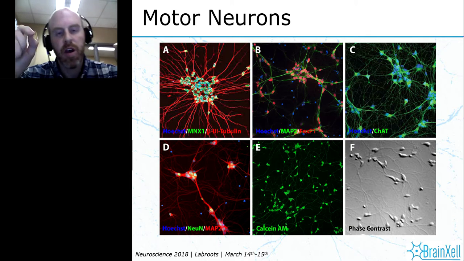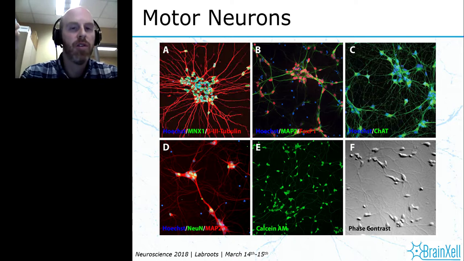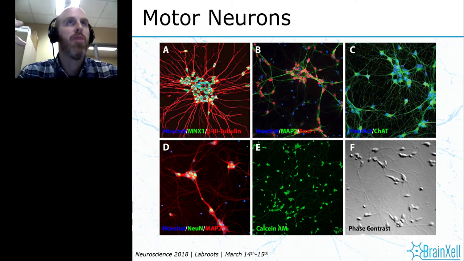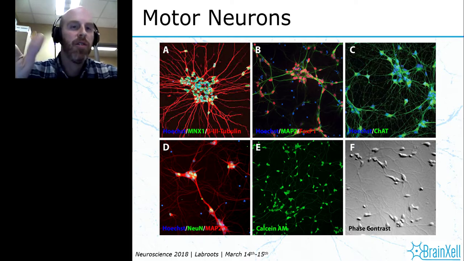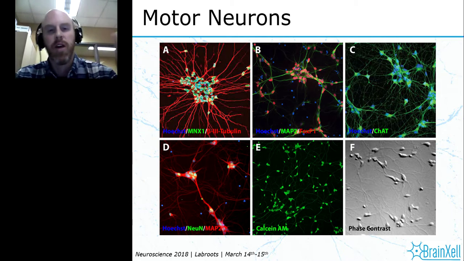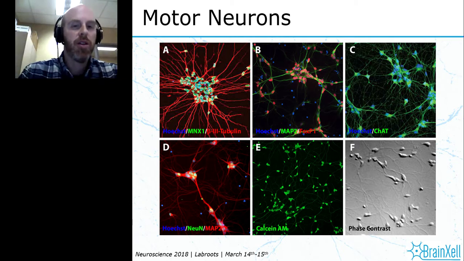And so these neurons, as they are matured for 1 to 2 weeks in culture, begin to take on this beautiful morphology and expression of motor neuron markers. So this is just an example, but obviously we could step through multiple neuron types and provide the same kind of differentiation and maturation to produce very similar types of neurons.